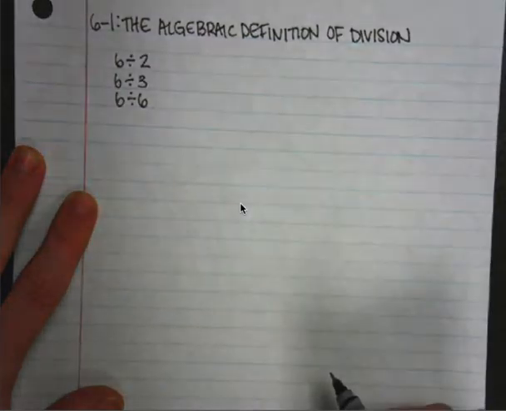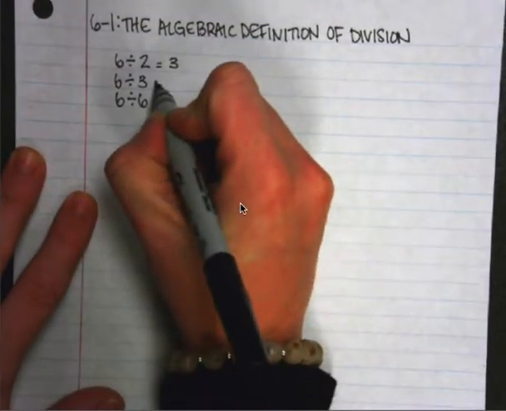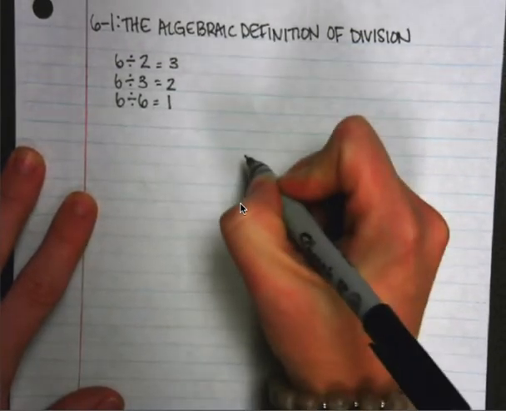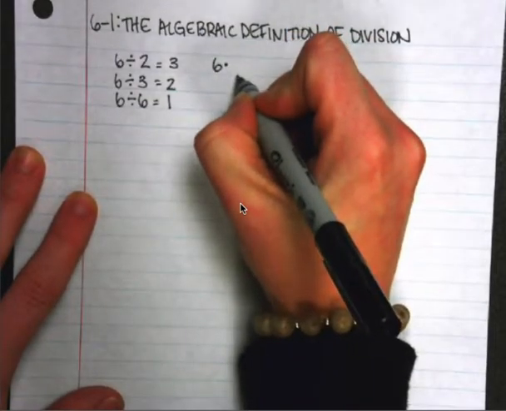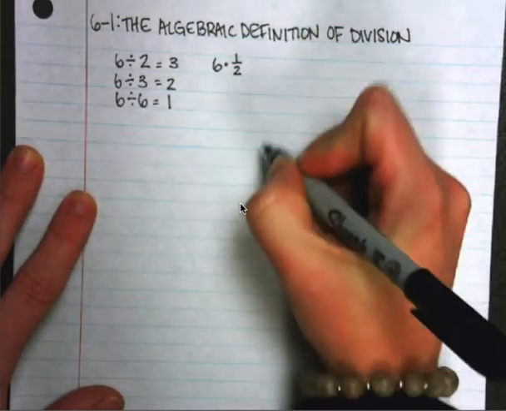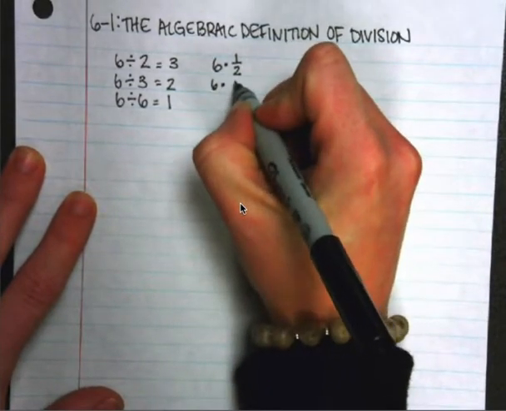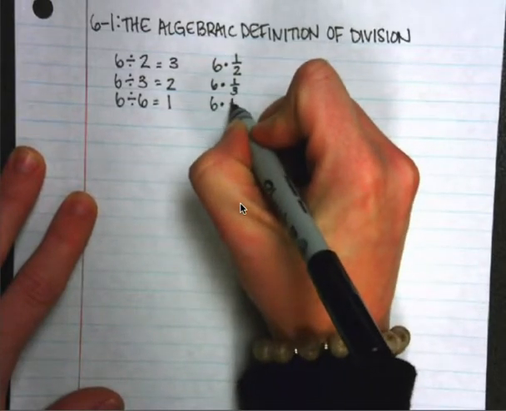Okay, we know that 6 divided by 2 is 3. We know that 6 divided by 3 is 2, and we know that 6 divided by 6 is 1. Okay, well then let's look at 6 times 1 over 2, 6 times 1 over 3, and 6 times 1 over 6.